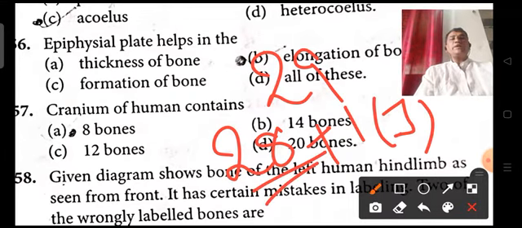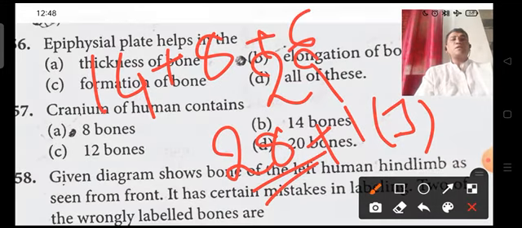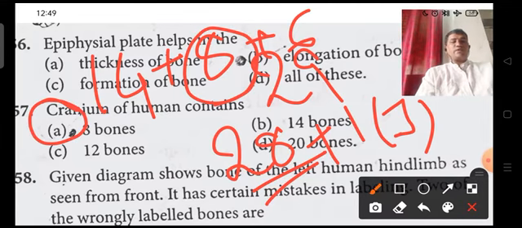Of these 28, 14 are facial bones, 8 are cranial bones and 6 are ear bones. 14 plus 8 is 22, 22 plus 6 is 28, plus 1 is 29 bones. So your skull bones are 8. The answer for this question is 8.